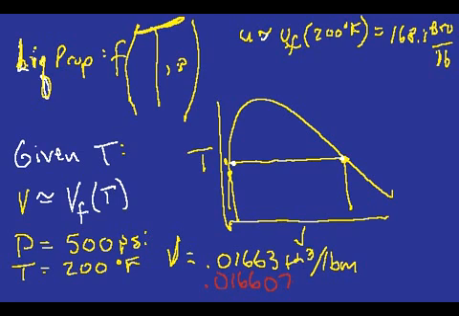And we'll see that the internal energy of water is 167.7. So we're off by 0.4 BTUs per pound mass in the internal energy, and we're off in the fourth significant figure for the volume. So often it's a very good approximation to do this.